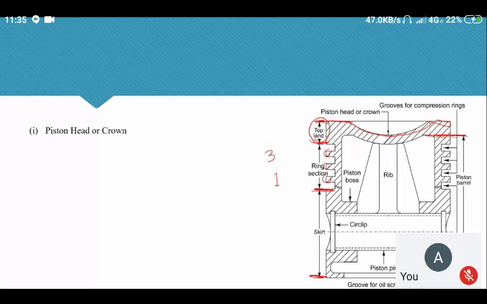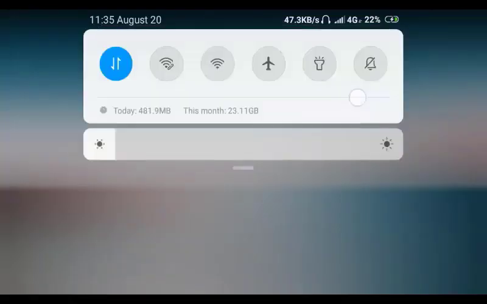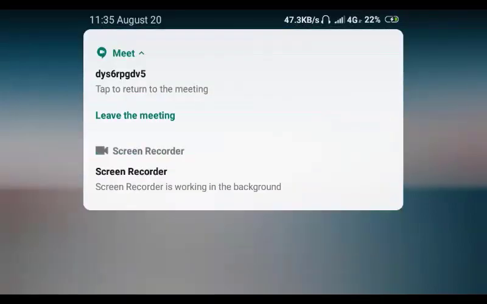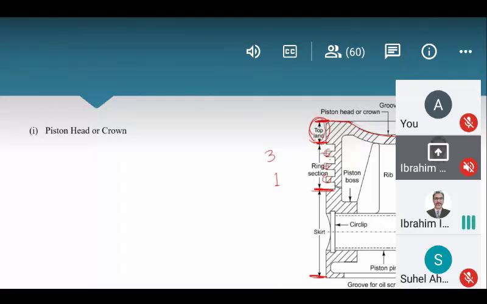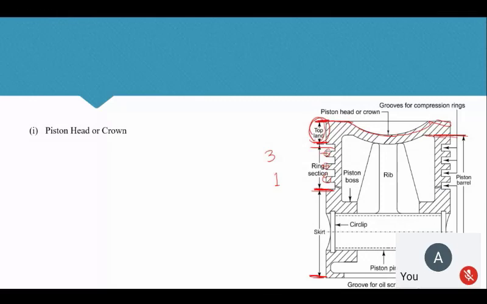The surface between the piston head and the first groove is called the top land, and these are all consecutive lands between the two grooves. So here this slot will be called grooves, whereas the surface between the two grooves will be called land. So you can call it ring land.